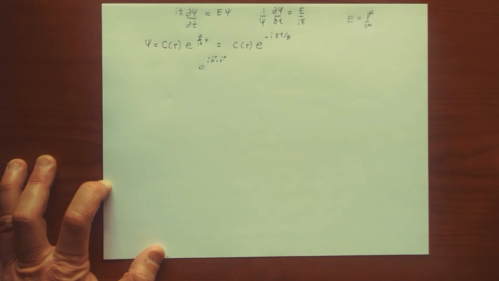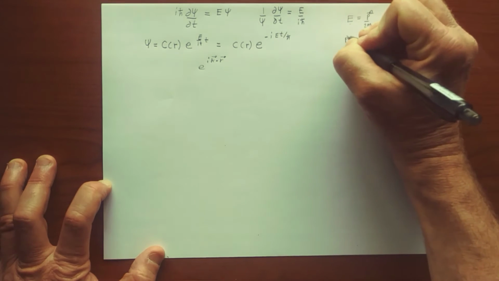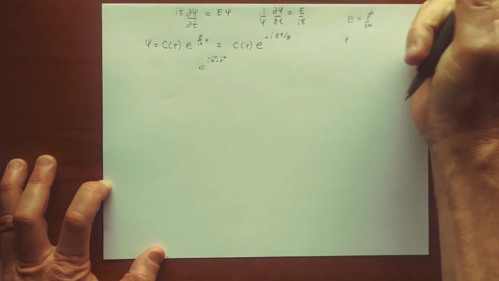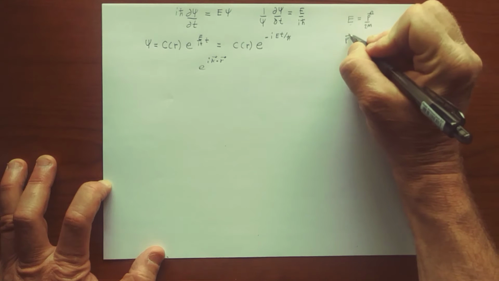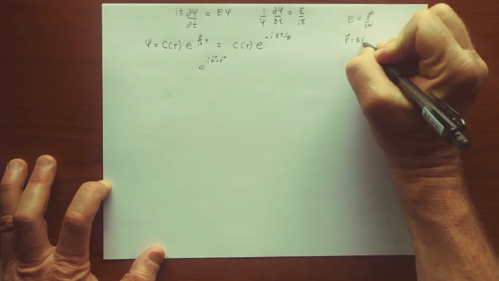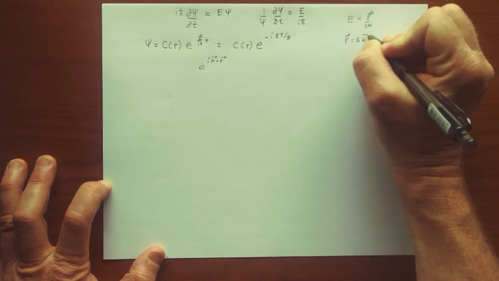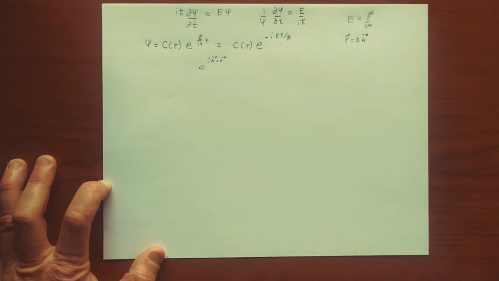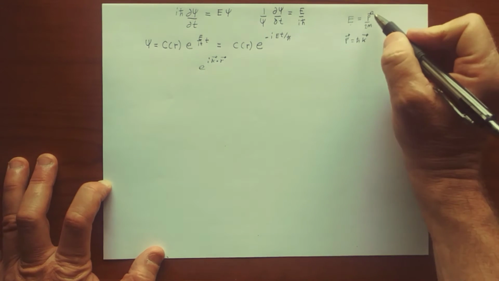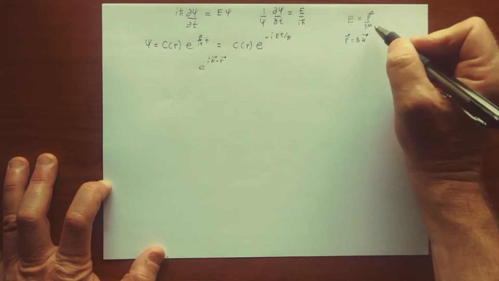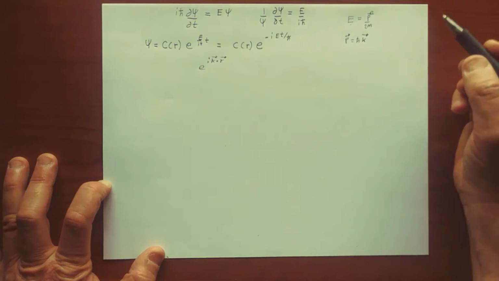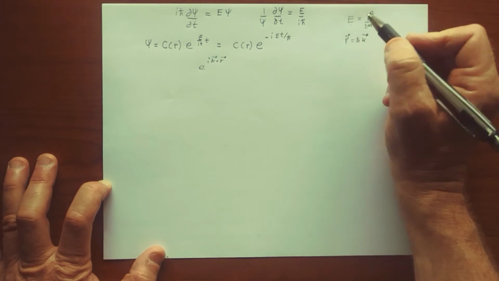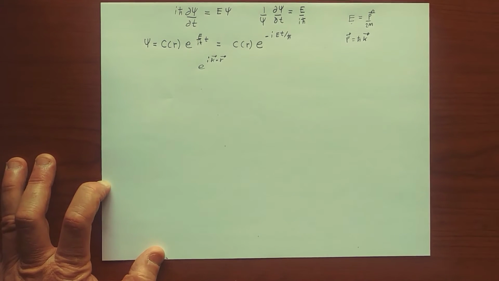There's just a kinetic term, and through p equals h bar times k, we can relate this quantity. We want to pull down something like this and relate it to E, and then we'll be able to get a full differential equation.